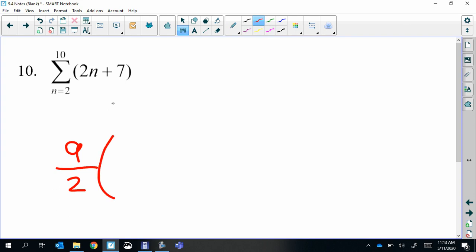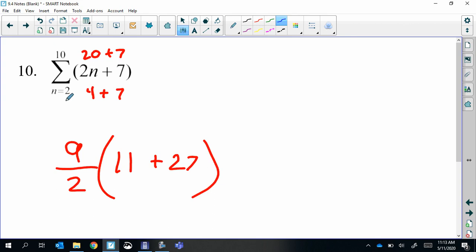And then our first number is what we get when we plug in 2. So that's 2 times 2 is 4. Plus 7 is 11. And then when we plug in 10, that's 2 times 10 is 20. Plus 7 is 27.